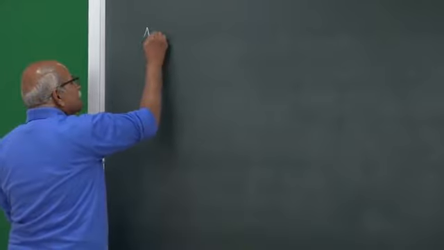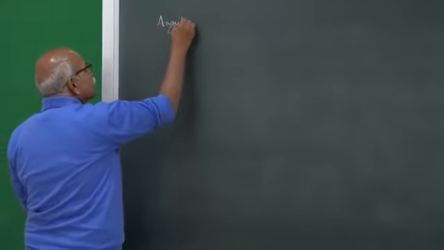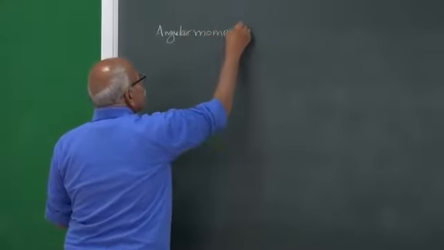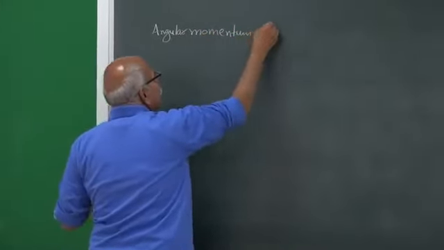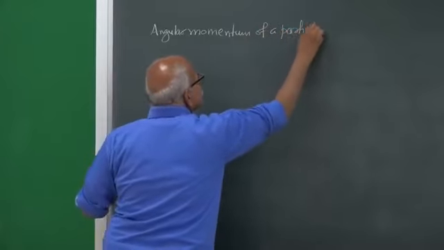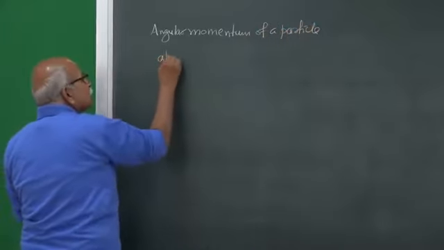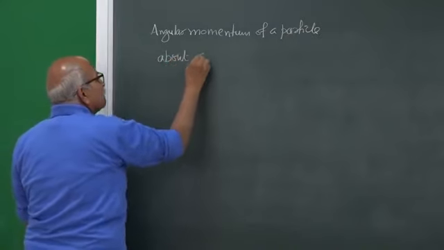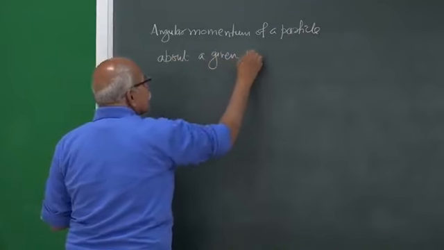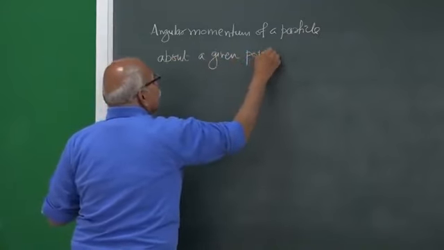The first thing is this: the angular momentum of a particle about a given point, which I will call origin.